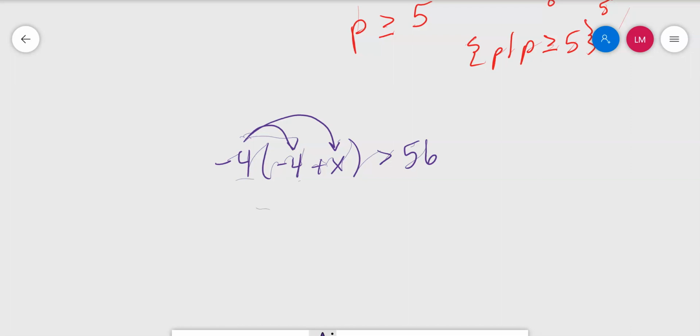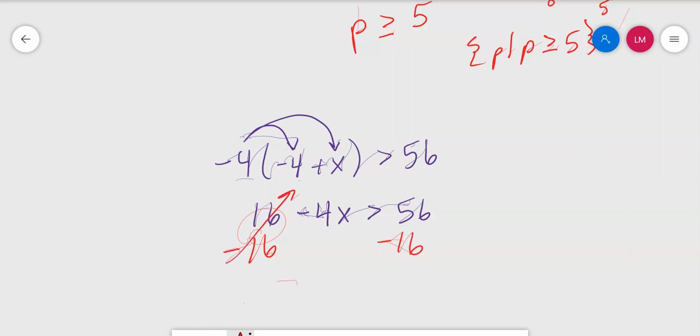A negative times a negative is a positive. And then I have -4x greater than 56. Okay, so the first step for this one is, I'm going to change colors. So because that's a +16, we're going to do a -16.